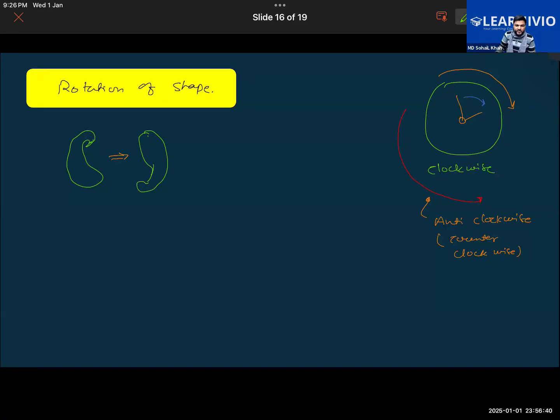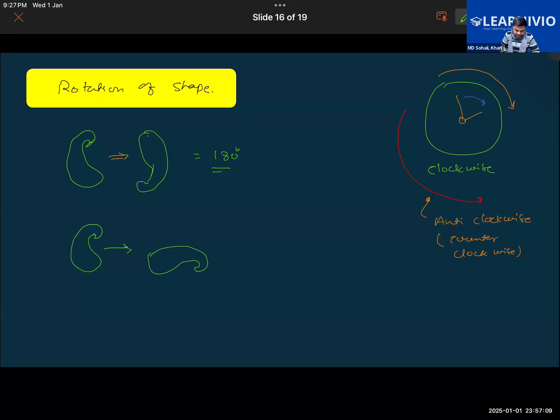Now, if I were to rotate something by a quarter, meaning a quarter of the complete angle, how much is that? Like 90 degree now. So if right now we have made this move by 180 degree, if we were to make it move by 90 degree only, how will it look like?